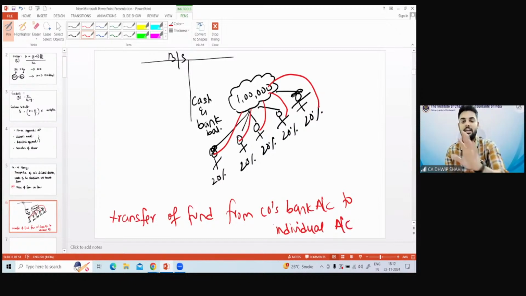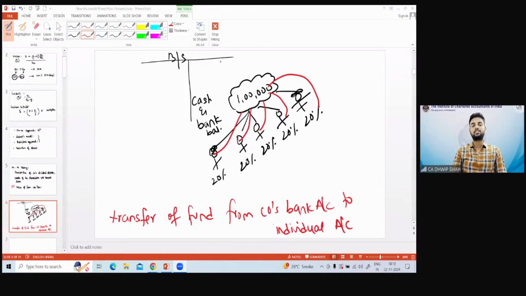Let's say I have two bank accounts, one in Kotak Bank and one in Axis Bank. If I transfer some funds from Kotak to Axis, will my wealth increase or decrease? Just by mere transferring of funds from one account to another, will the wealth increase or decrease? It will remain the same, obviously. So this is the logic of MM.